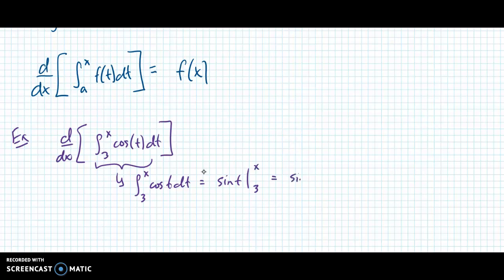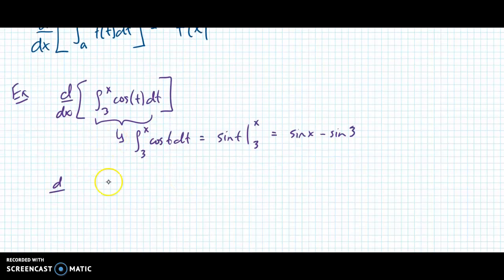What would that look like? Sine of x minus sine of 3. So this right here is another way to write that. So what I'm being asked to do in this example is to find the derivative with respect to x of, oops, let me do a bracket.